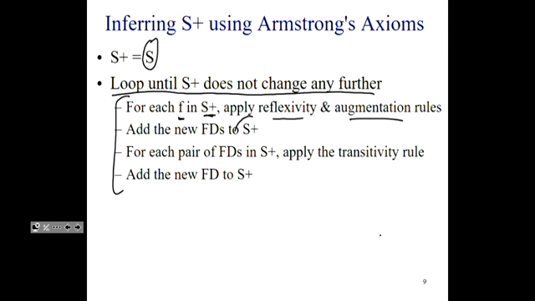You add those new functional dependencies to S plus, and for every pair of functional dependencies in S plus, apply the transitivity rule. You add the new functional dependencies to S plus. So you basically repeatedly apply the reflexivity, augmentation, and transitivity rules. That's what this algorithm says. Repeatedly apply these, and then you'll get all of the functional dependencies that are implied by the current set of functional dependencies.